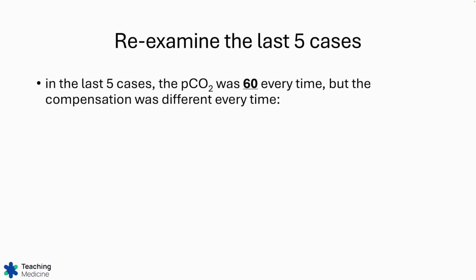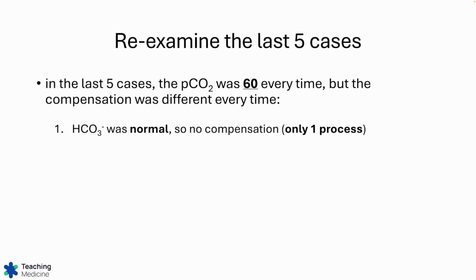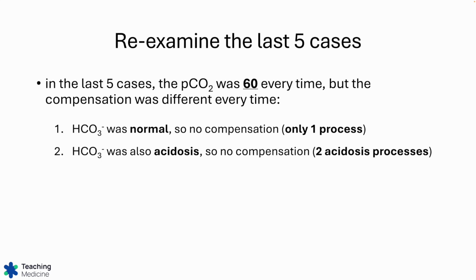So let's re-examine the last 5 cases, and you probably figured out by now, in each case, the PCO2 was 60 every time, but the compensation was different for every case. Let's review. In the first case, the bicarb was normal, so we had no compensation. We only had one process happening, which was respiratory acidosis.